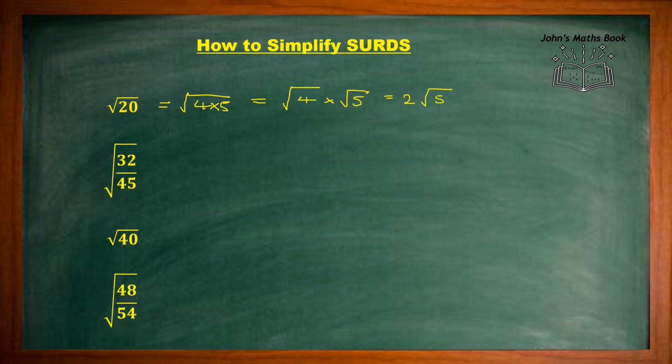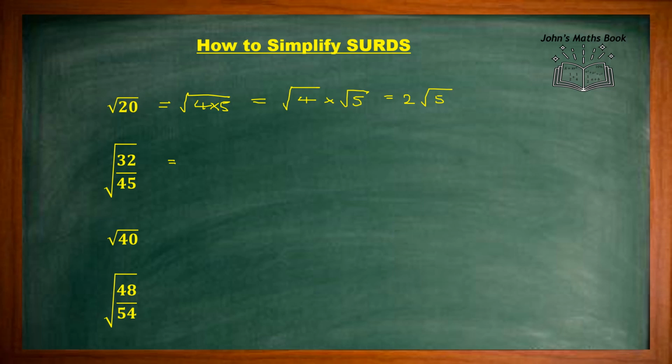So in our second example, we have the square root of 32 divided by 45. So let's look at those numbers individually. So 32 has factors of 16 and 2. So 16 times 2 gives 32, and 45 has factors of 9 multiplied by 5.